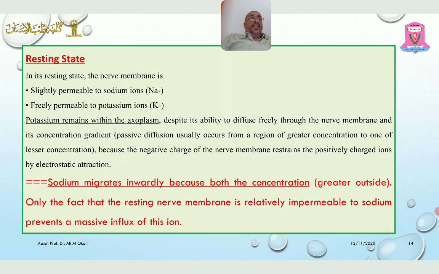In its resting state, the nerve membrane is semi-permeable or slightly permeable to the entrance of sodium, freely permeable to potassium ions, and the potassium ions remain within the exoplasm despite its ability to diffuse freely through the nerve membrane, and its concentration gradient, passive diffusion usually occurs from the region of the greater concentration to one of the lesser concentration.